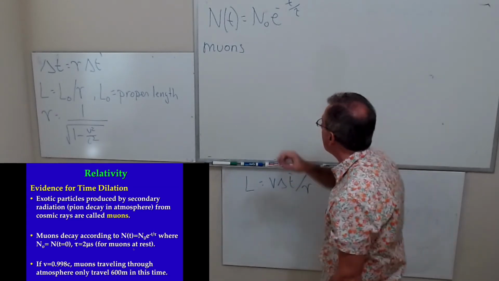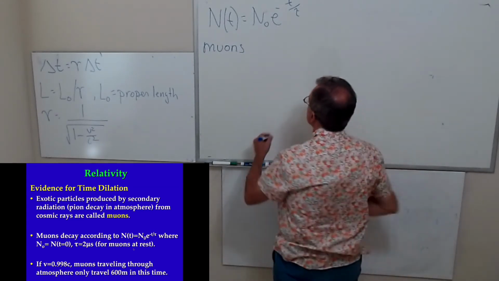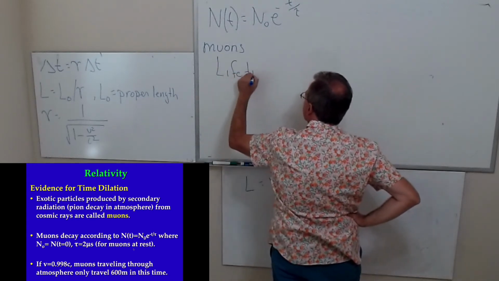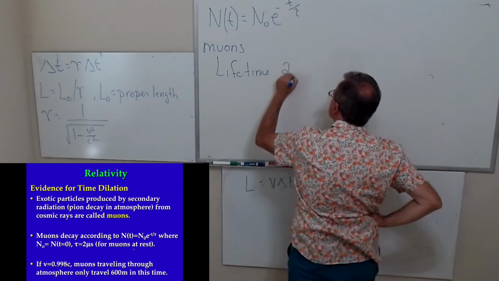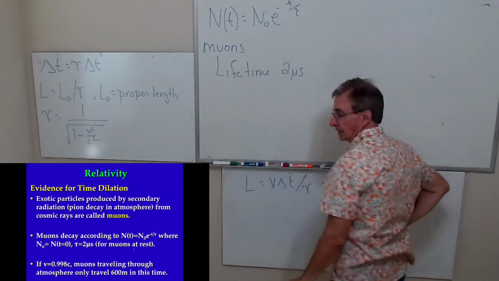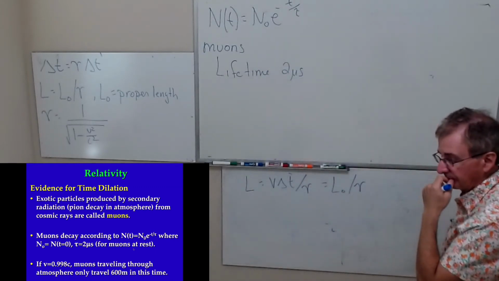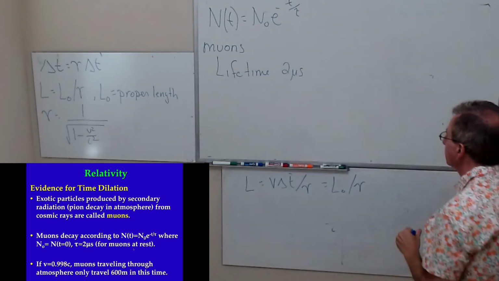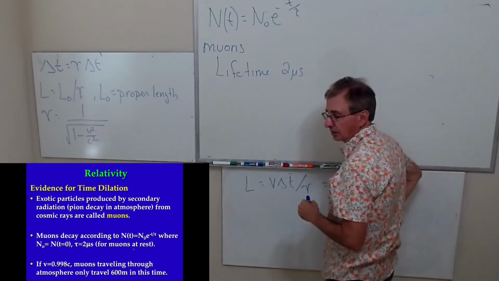Now, the lifetime of these muons is about 2 microseconds. If you do an experiment, let's say the muons are 9,000 meters above the Earth.